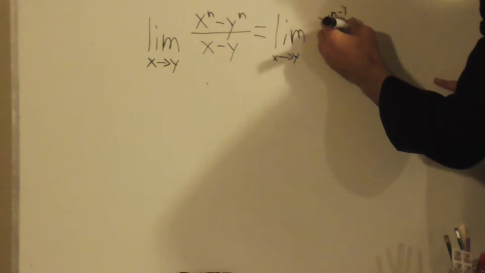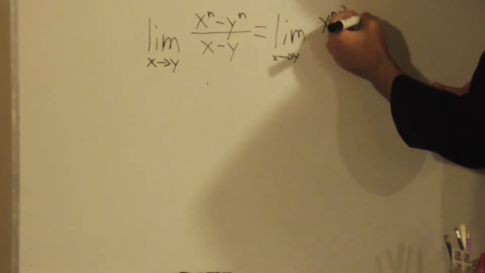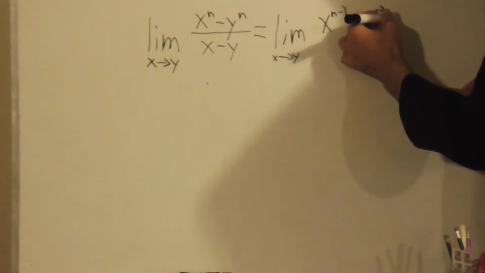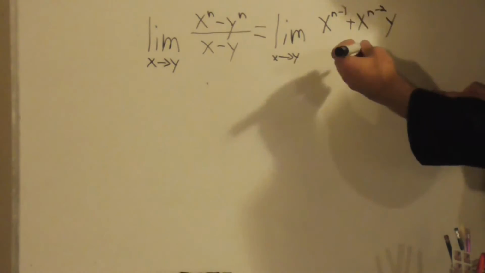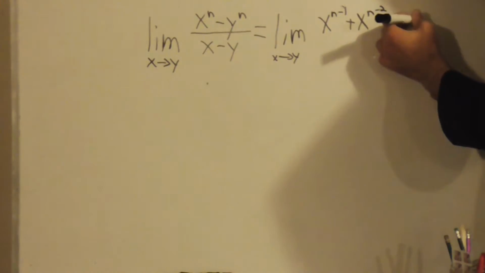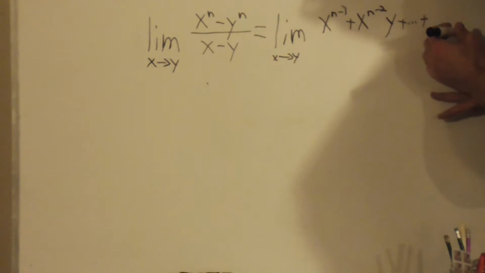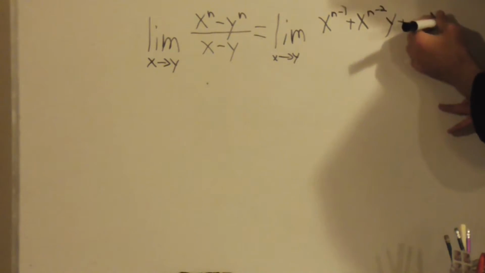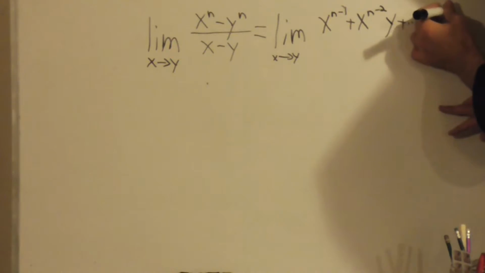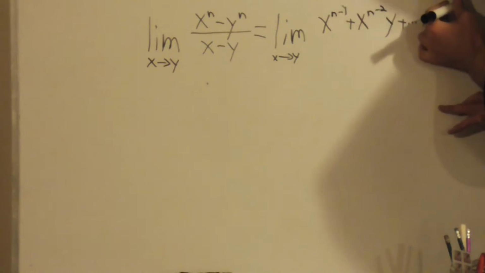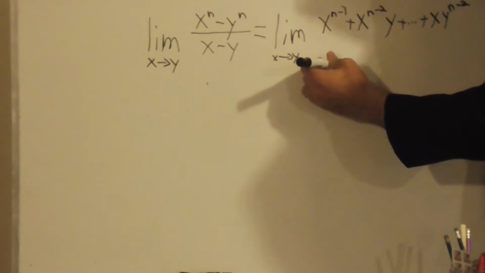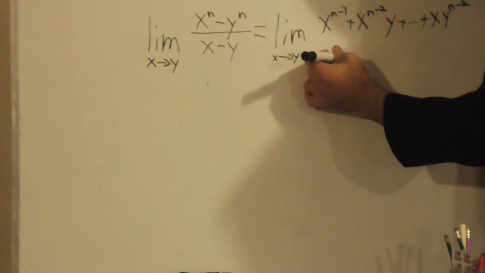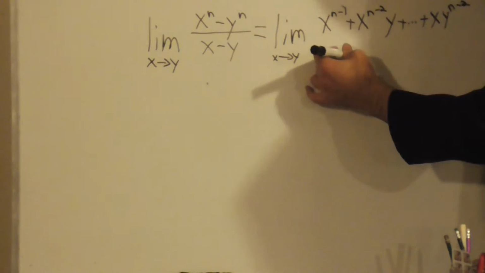So we have x to the n minus 1 plus x to the n minus 2 multiplied by y, and again I'll explain all of this in just a moment. Plus, and then we have x to the n minus 3 multiplied by y squared, and so on, up to x multiplied by y to the n minus 2. Apologize for running out of space. Plus y to the n minus 1.